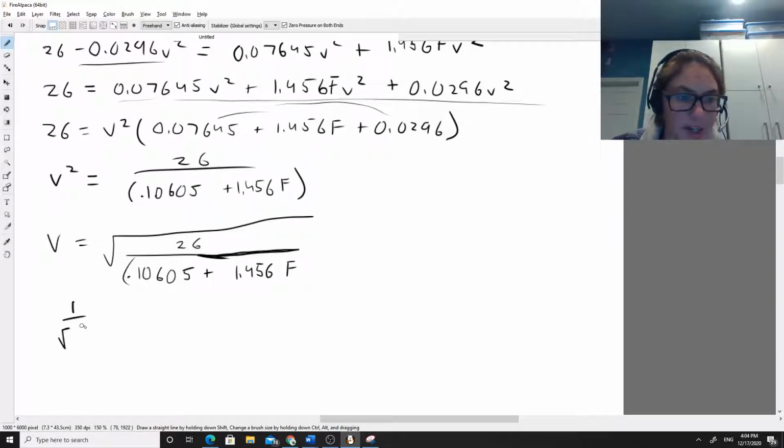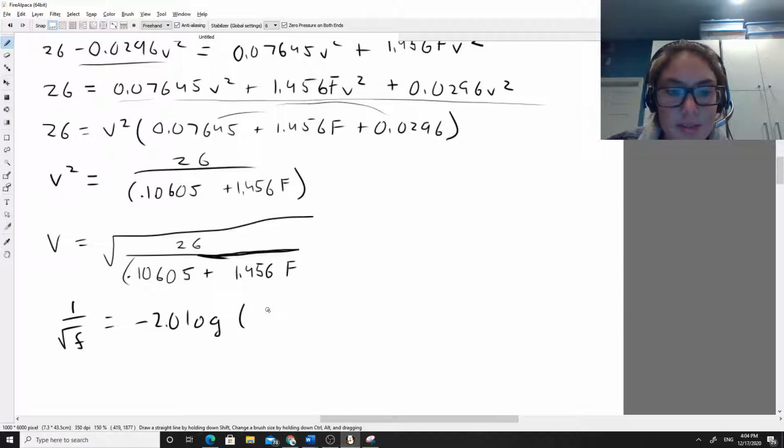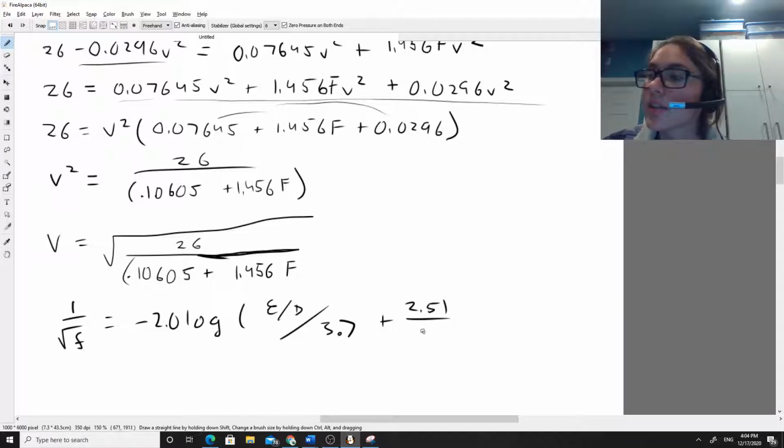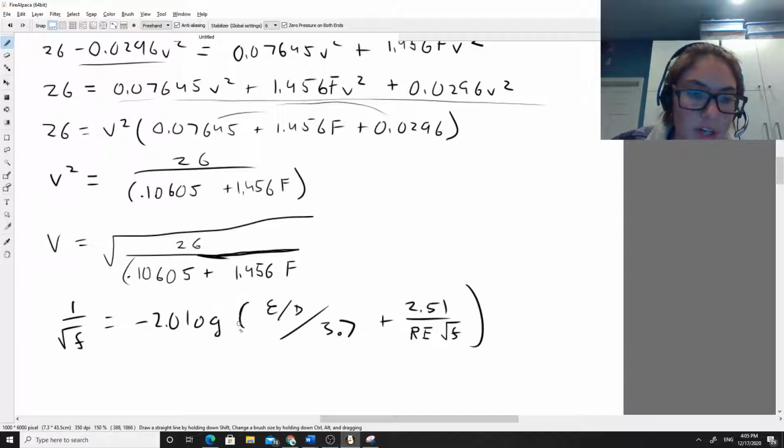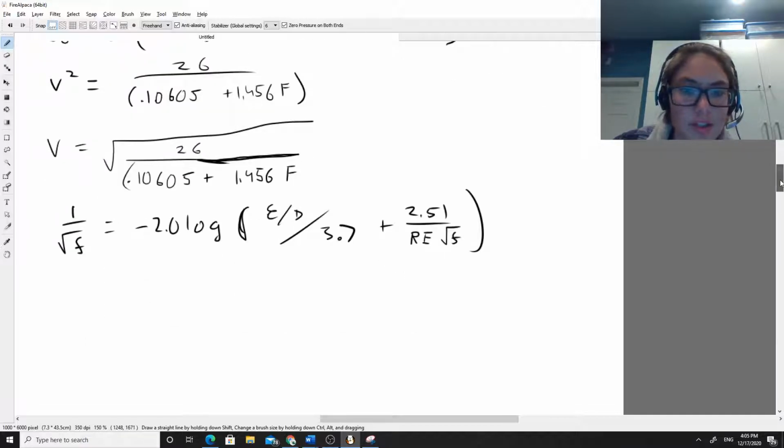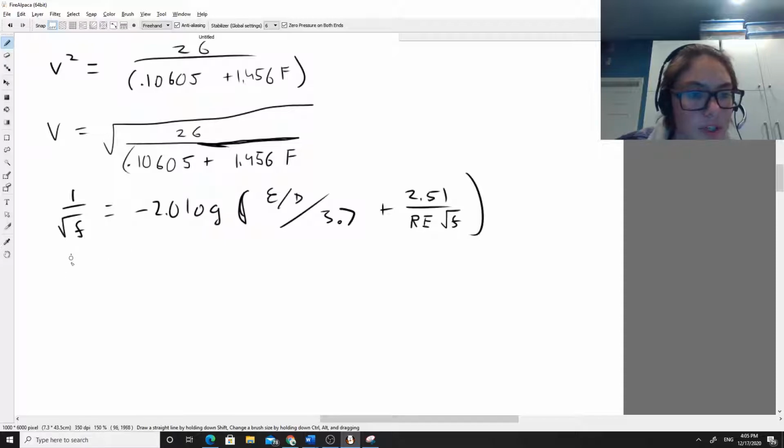It's going to be 1 divided by the root of F, which is equal to negative 2.0 log of the roughness divided by the diameter, divided by 3.7 plus 2.51 divided by our Reynolds number times root F. And we would actually know how to reduce this just in terms of F and V. All we have to do is we can say, okay, negative 2 log.